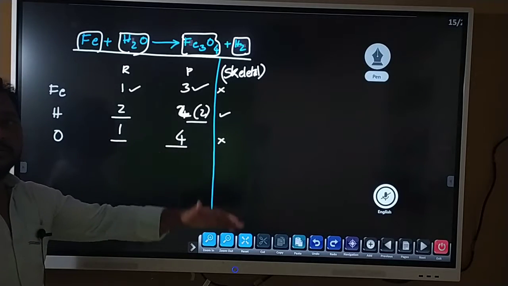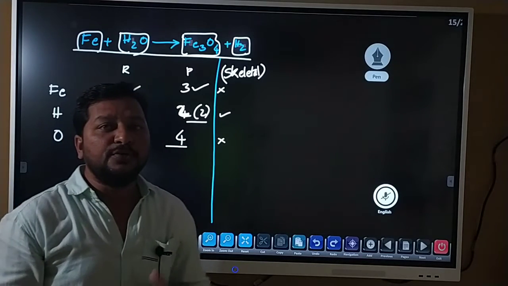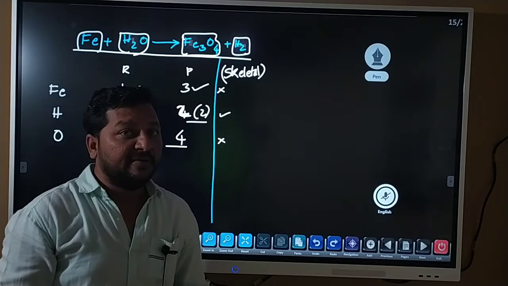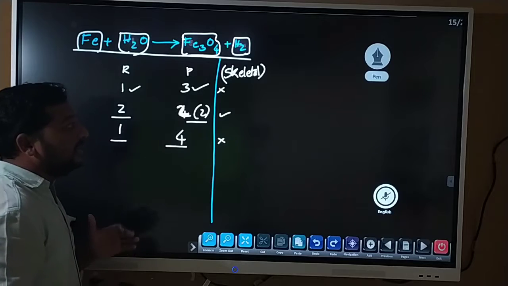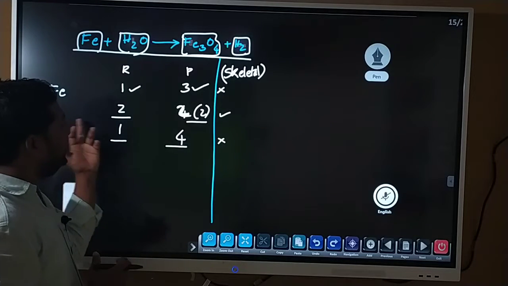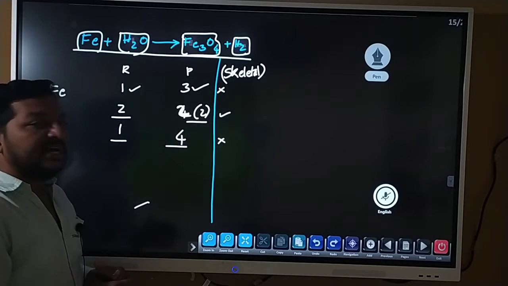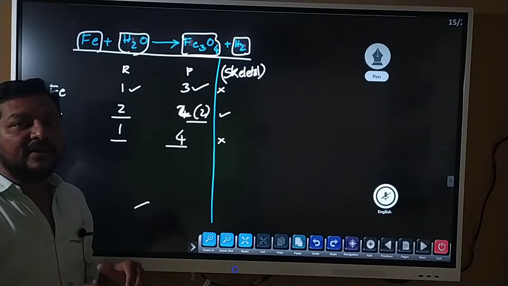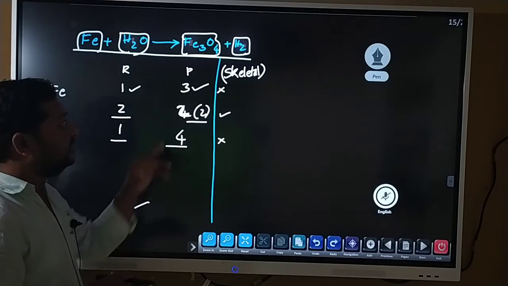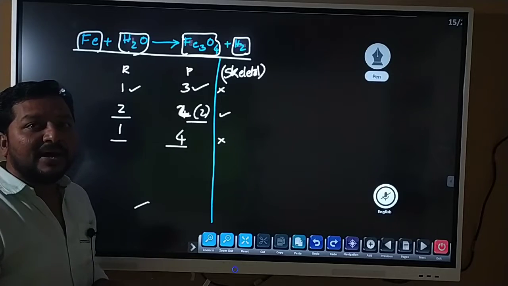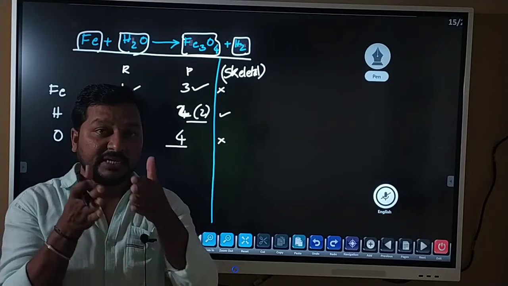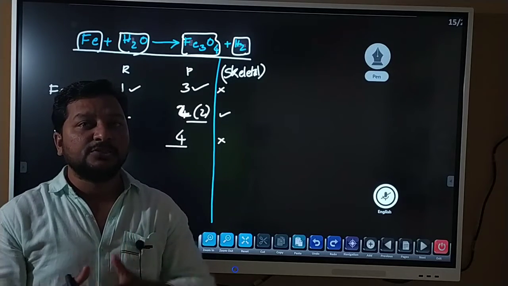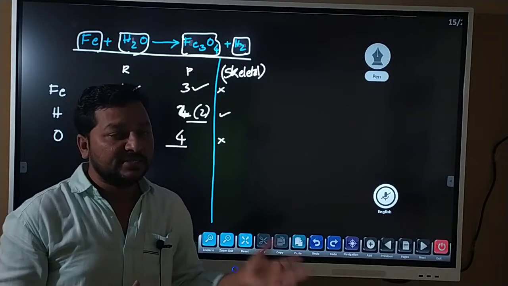Now we will convert this skeletal equation to a balanced chemical equation. What are the criteria? First, simple: just leave the atoms which already have equal numbers. Just focus on the atoms with unequal numbers, and we manage them from the greater number to the lesser number.